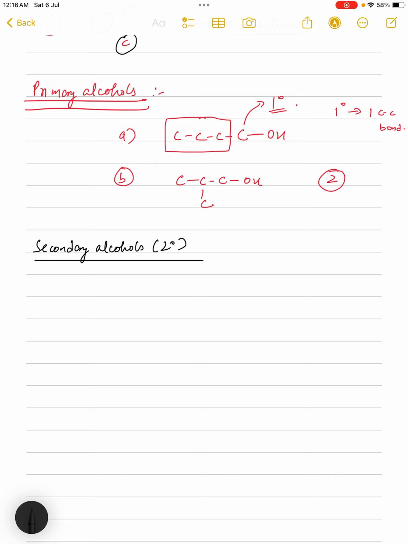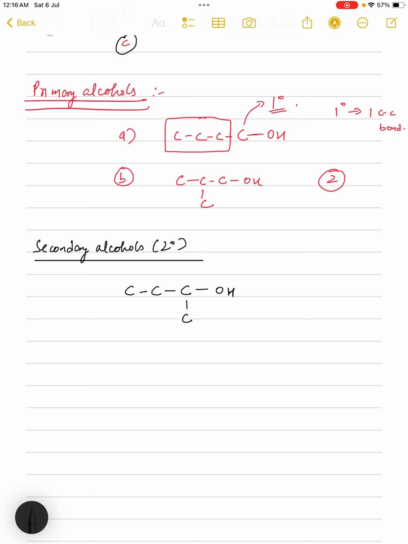We need to draw the second degree carbon, like this, with one carbon on one side, the OH on the second degree carbon, and another carbon on the other side. This is the basic structure of a 2 degree carbon, right? Now the third remaining carbon has to come here only. So how many secondary alcohols are there? Only one kind of secondary alcohol is possible, right?